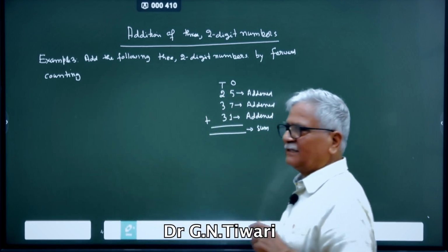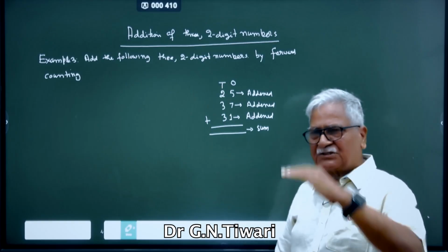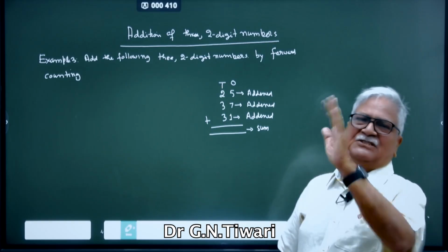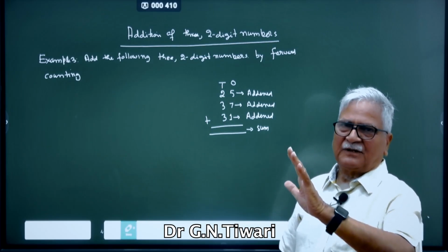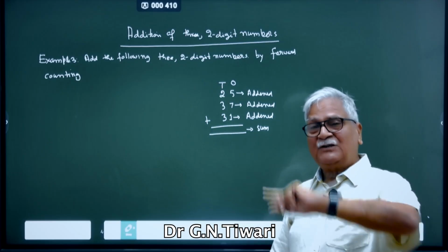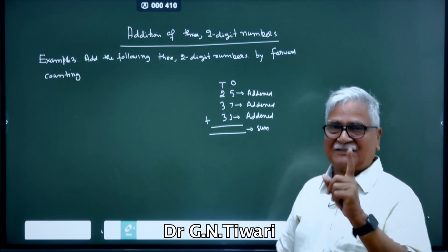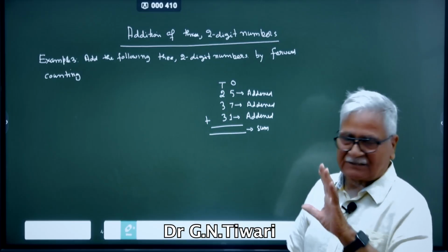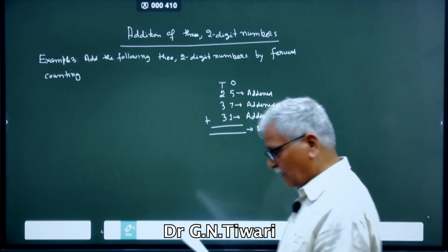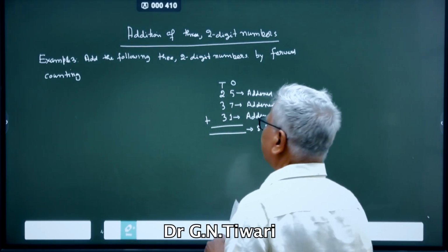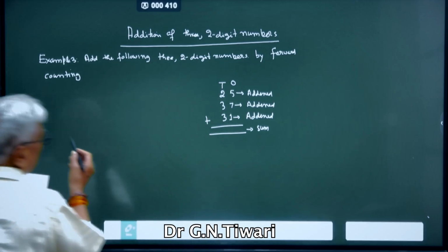Here I am repeating many times, the position of the addend can be changed, interchanged, in addition. But when you go to subtraction, you cannot change the position of the numbers. So how will you do? Step 1, I am just putting the solution.